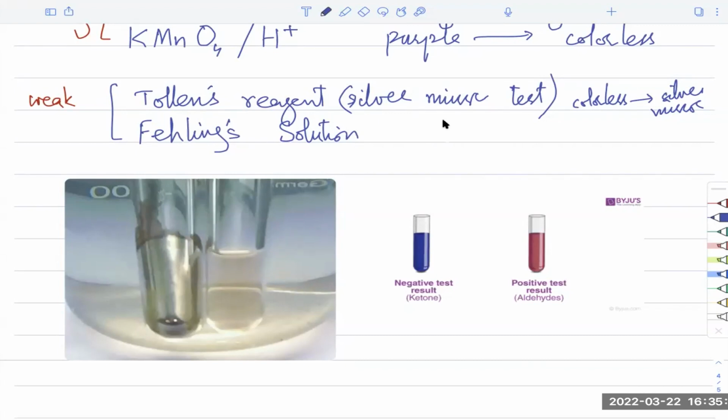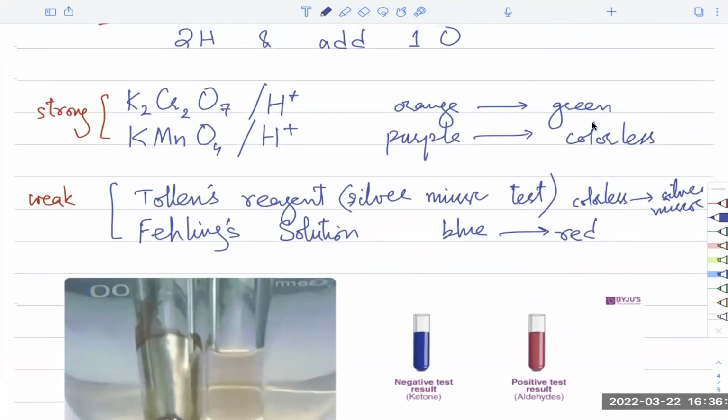Just know that it goes from blue to red. So it's blue because of copper 2, and by taking electrons, by reducing itself, it works as an oxidizing agent and takes 1 electron, making a red solution of copper 1. Okay, so we have 4 oxidizing agents: K2Cr2O7, potassium dichromate 6, KMnO4, which is potassium manganate 7, Tollens reagent, and Fehling solution.